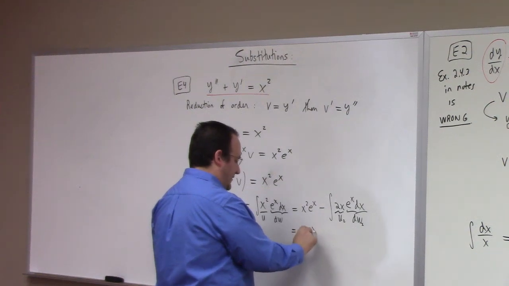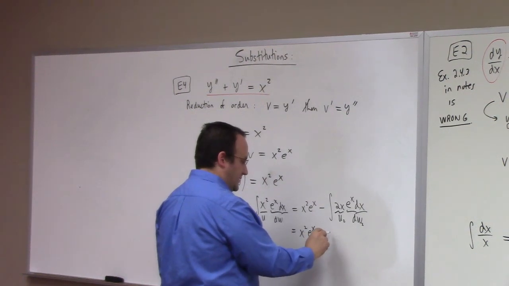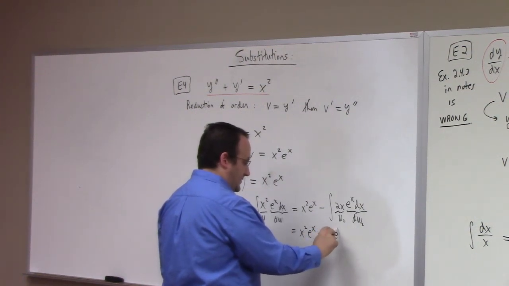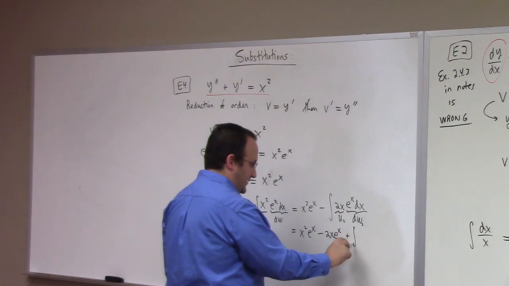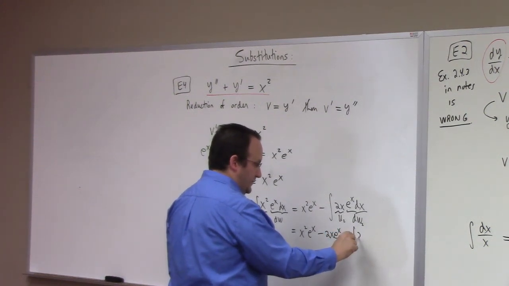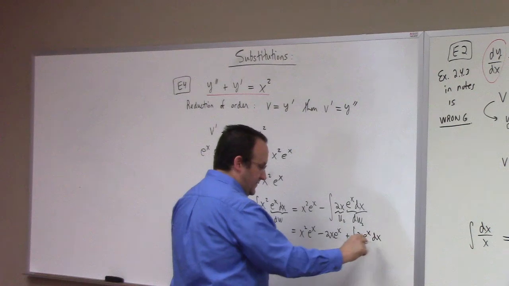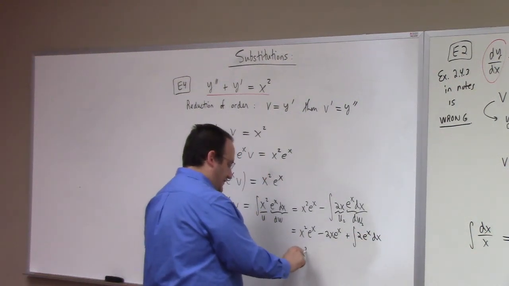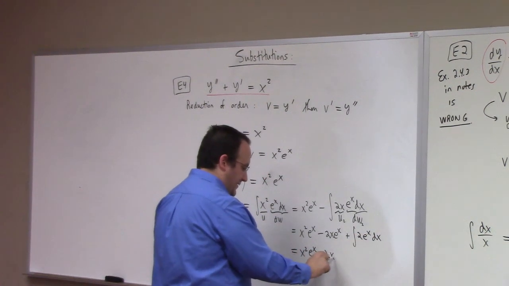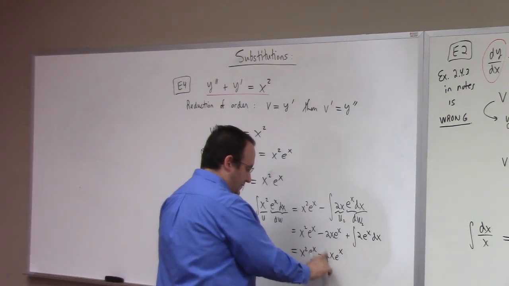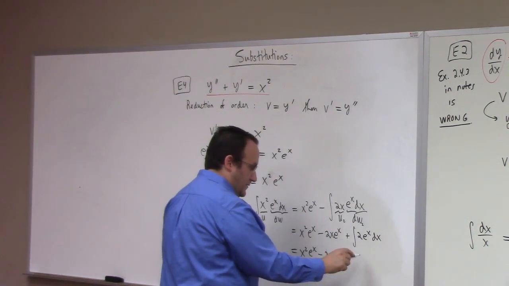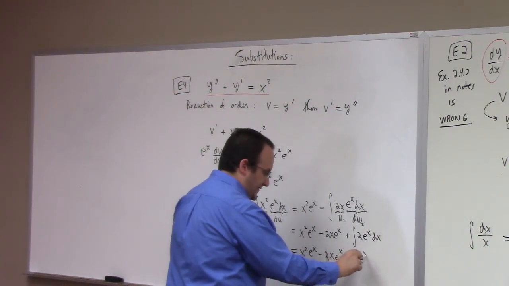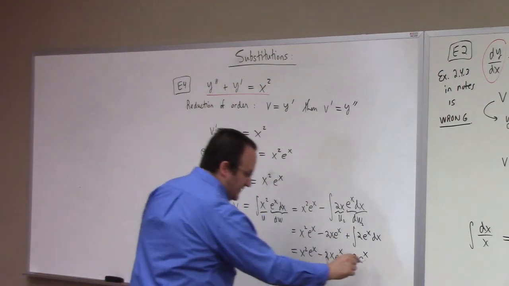I get x squared e to the x minus 2x e to the x plus the integral of 2 e to the x dx, I believe. And so we get x squared e to the x minus 2x e to the x plus 2 e to the x, plus a constant.